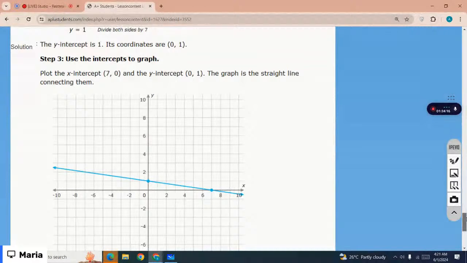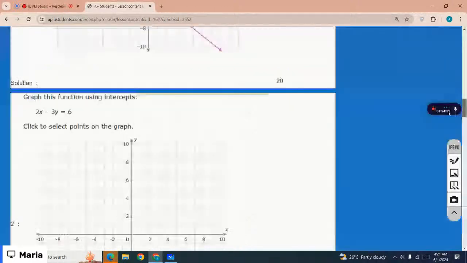Okay, let's just move on to the next lesson. You can find the practice questions in your book and you can do as many as you can, right?